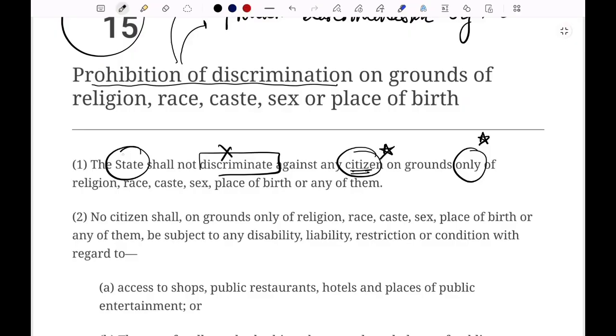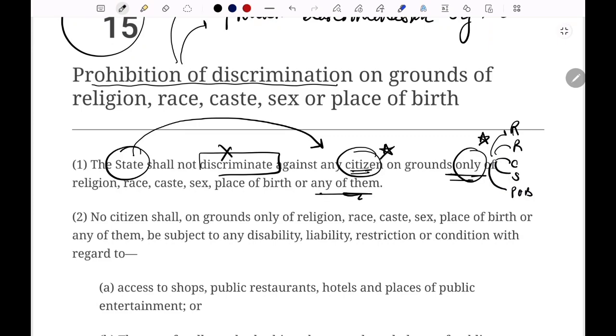So the state will not discriminate against any citizen, that is a citizen of India, on grounds only of race, religion, caste, sex, or place of birth, or any of them. Basically article 15 clause 1 applies against the state only, right? So that was our article 15 clause 1.